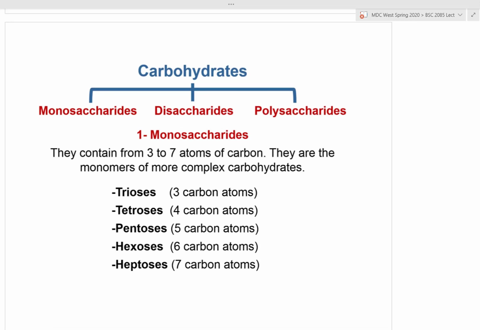Now the carbohydrates can be in a what? Monosaccharide form means only one. A disaccharide form means what? Two. Or a polysaccharide, which has more than two, right? A monosaccharide is one that we're going to talk about. And poly can be trios, tetros, pentos, hexos, or heptos, which is as many as you can put in there.